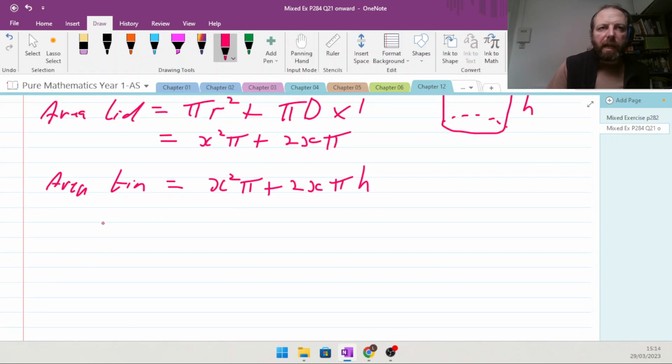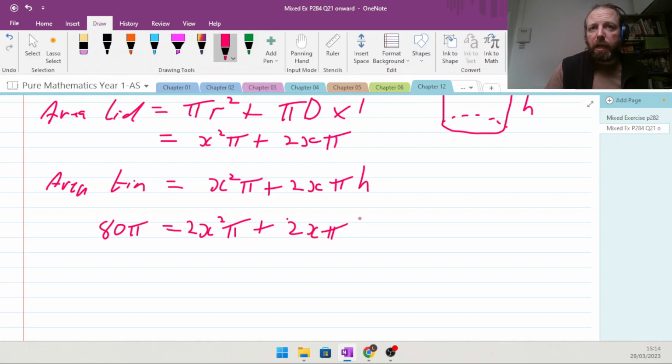So we have 80 pi is equal to x squared pi twice plus 2x pi (h plus 1) plus 2x pi h.